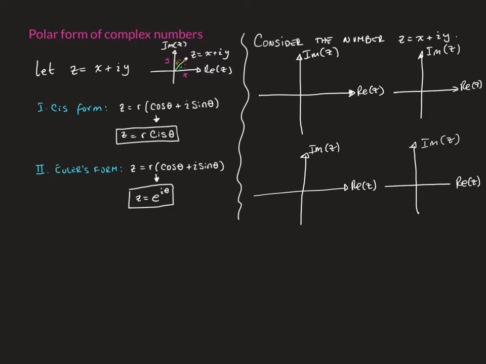Let's introduce one more concept, and this is related to the concept of the argument. So let's consider the number x plus iy, but let's consider 4 different cases. There are situations when the number z is going to fall in the first quadrant. Sometimes it will fall in the second quadrant, other times in the third one, and other times in the fourth one.